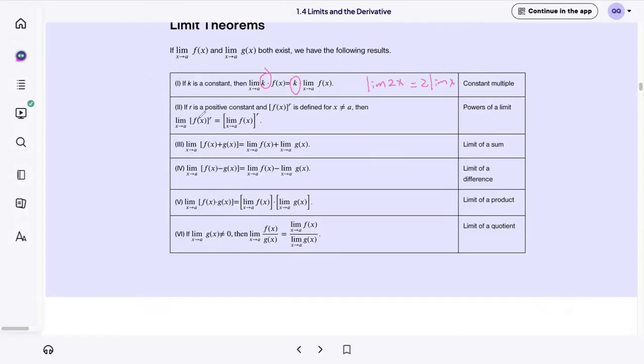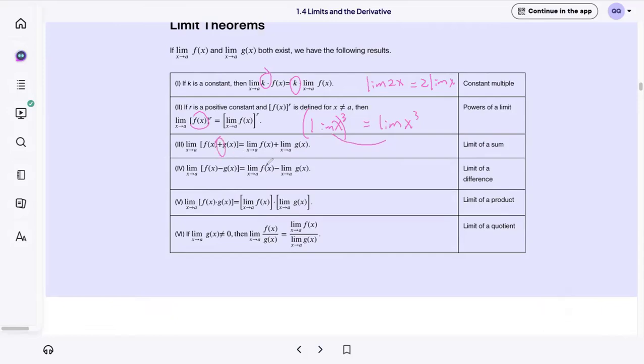And if the function is raised to a power r, we can pull the power outside. If we have x raised to 3, the limit of x raised to 3 is the same as the limit of x, raised to 3. Either direction. All right.